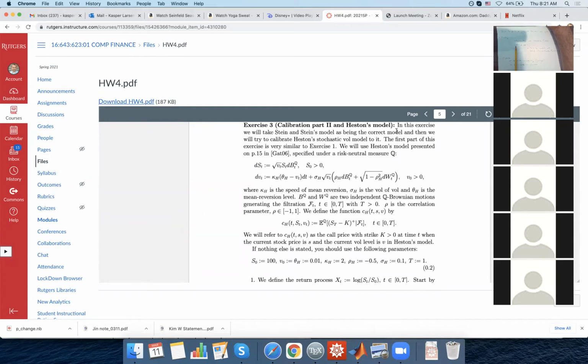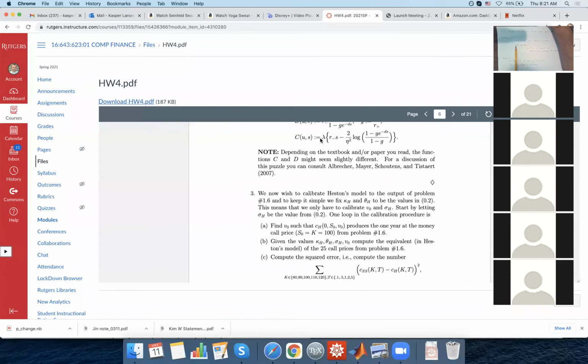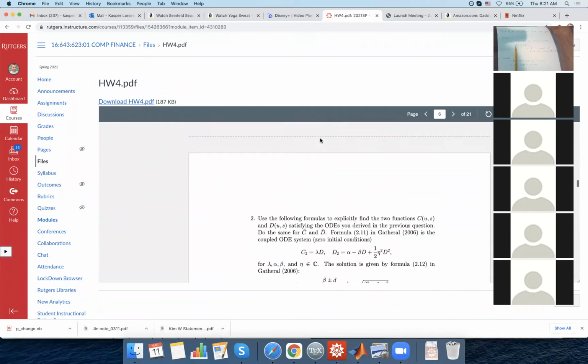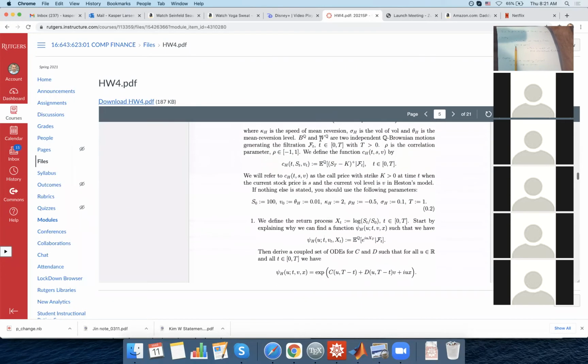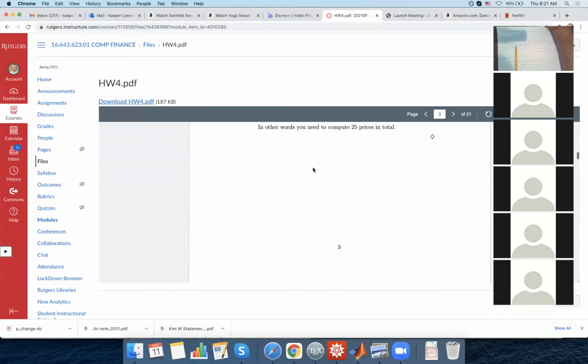So that's what it says here. In this exercise, we'll take Stein and Stein's model as being the real world model, and then you try to fit a Heston's model to it. And so that's the next homework. And it looks excessive. It looks like it's a lot, but it's really the first problem.